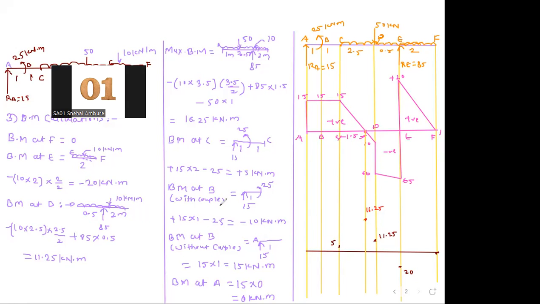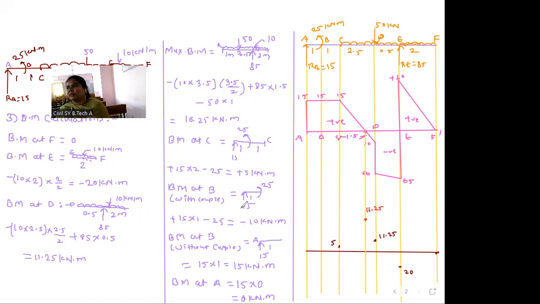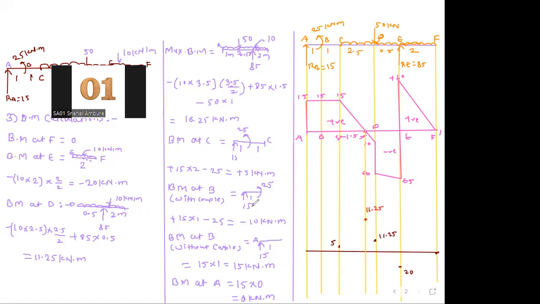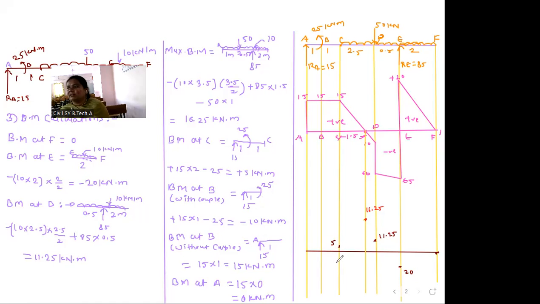With couple the value is minus 10, and without couple the value is plus 15. So here 15 and here 10, and bending moment at A is 0.